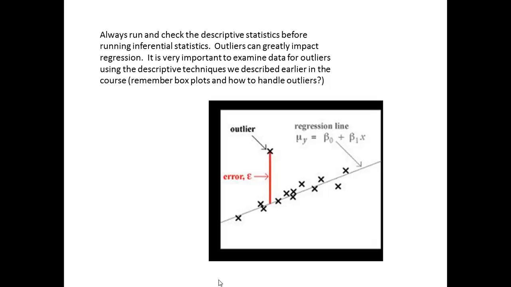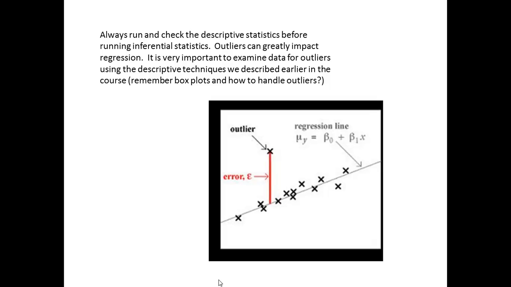But before we do that, I need to tell you one thing. When we went over descriptive statistics, we talked about how important it would be to run those before we did any type of inferential statistics. And that is very true in terms of regression. Outliers can greatly impact regression.